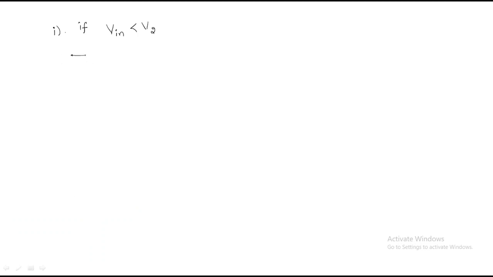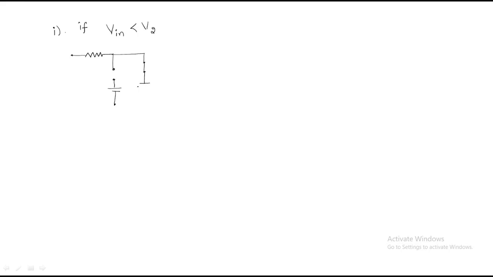I will read on this, that is the resistor, and the diode is open circuited because negative supply is there. Here the positive is there, and this is short circuited.